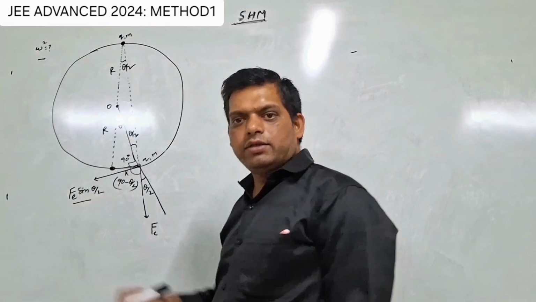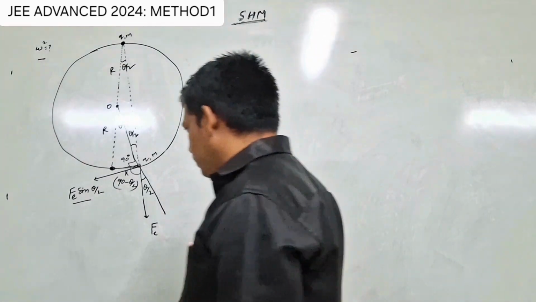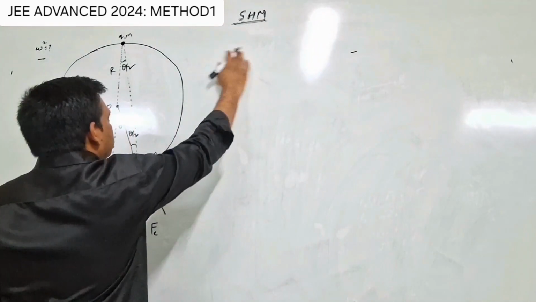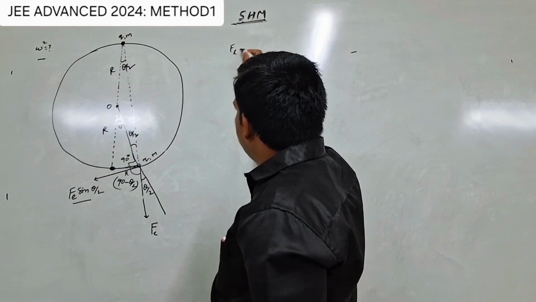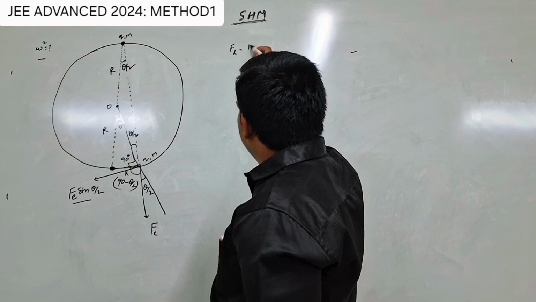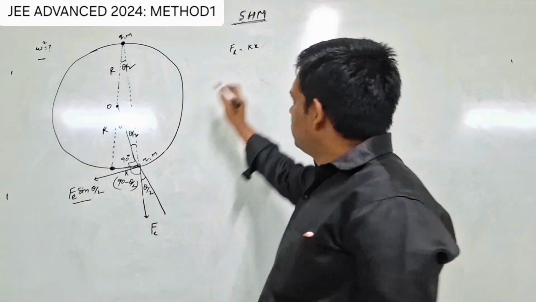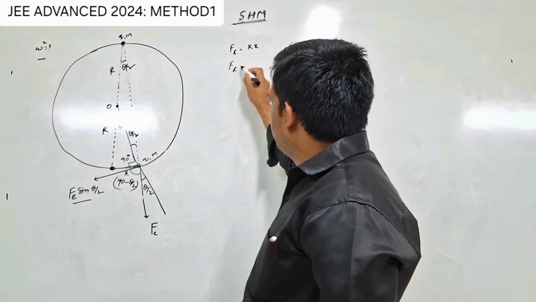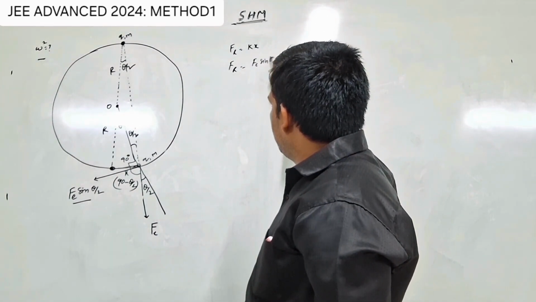So this force will act as restoring force. Therefore, restoring force will be equal to kx, and here this restoring force will be equal to Fe sin theta by 2.